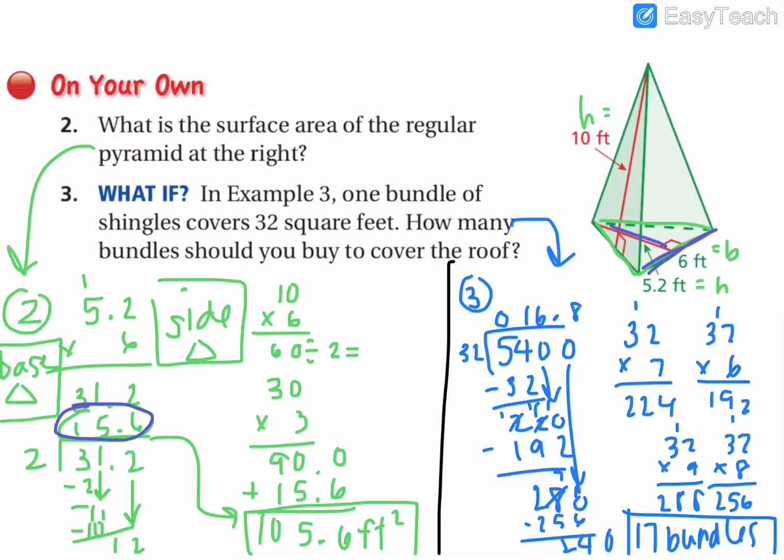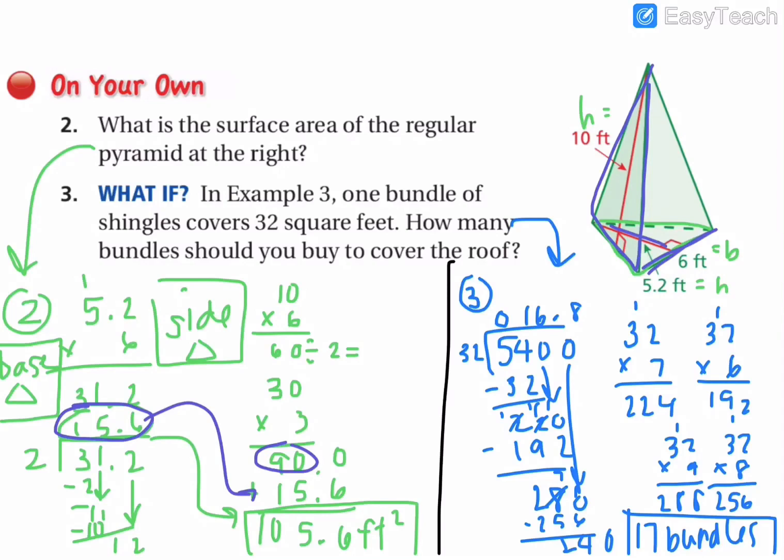And then each of my side triangles was 6 by 10, 60 divided by 2, which is 30, and there were 3 of them, so 90 right here. And then add that to the 15 6/10 to get 105 6/10.